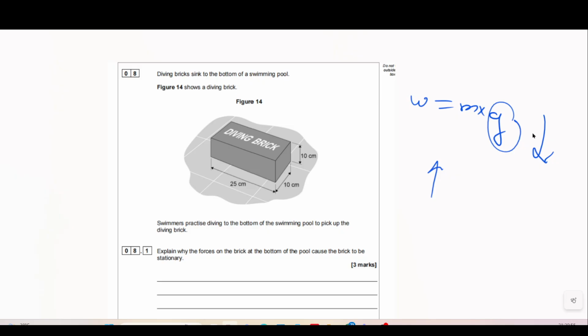There is a contact force. One is upward, because of water. One is downward, because of the weight. So the upward and downward forces are exactly equal. So net force is 0, which keeps it stationary.